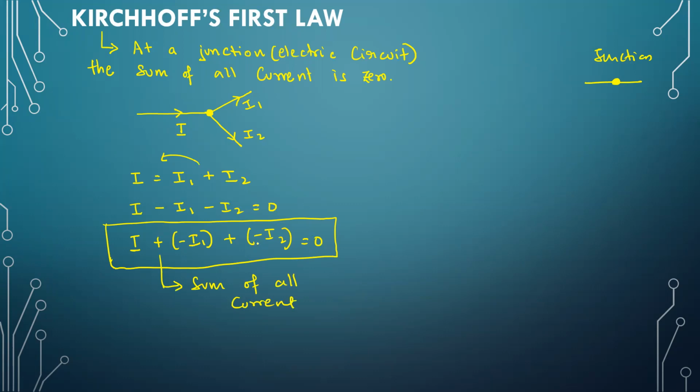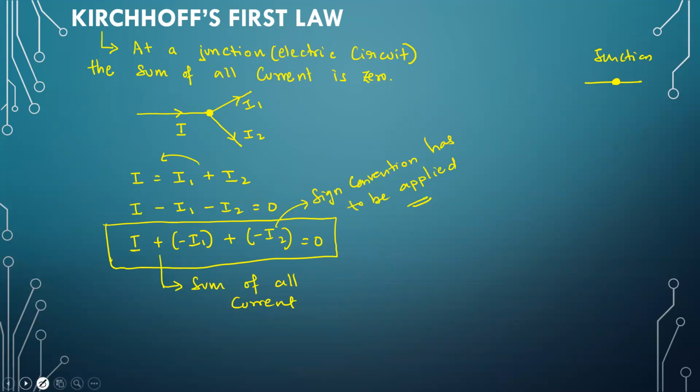But we also have to keep in mind that the sign convention has to be applied. So that is Kirchhoff's first law, which is very simple to understand because it's also a logical one.